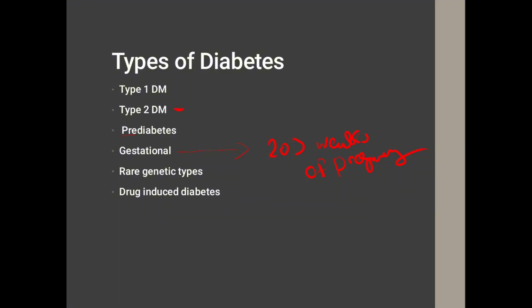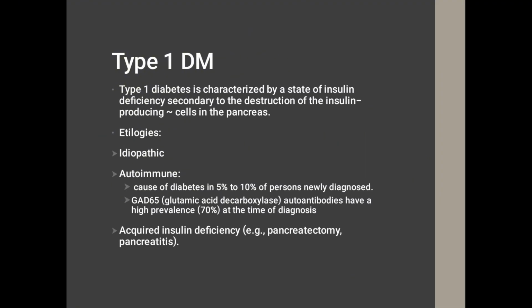If the patient is pregnant and used to have diabetes before the pregnancy, that's not gestational diabetes, that's either type 1 or type 2. But if the patient developed diabetes after 20 weeks of pregnancy, that's called gestational diabetes.